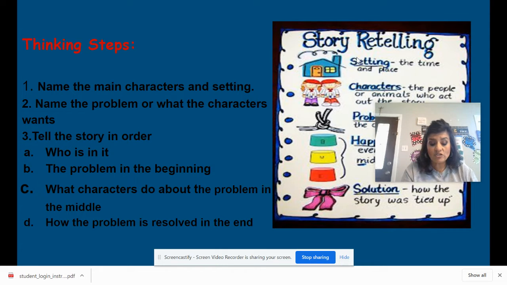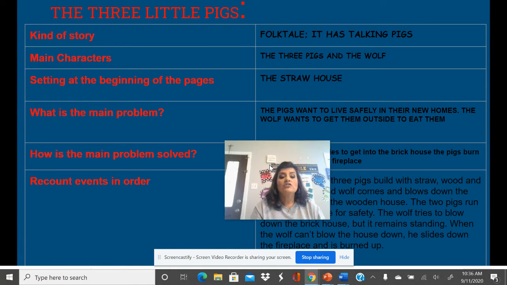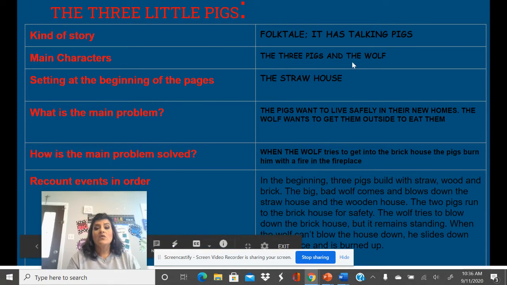So you remember yesterday how we talked about the three little pigs, right? In the three little pigs, we said that there were talking pigs. That was the kind of story it was. And the characters were the pigs and the wolf. At the beginning of the pages, they had a straw hat. The problem was that the wolf wanted to blow their house down, and he did.